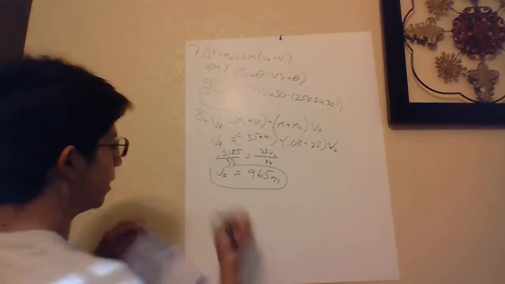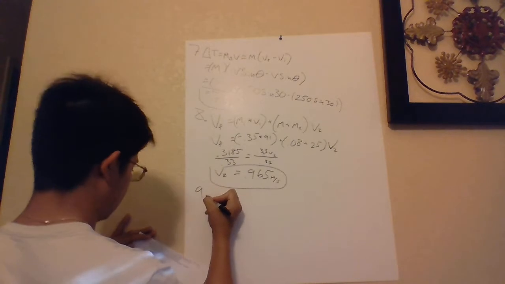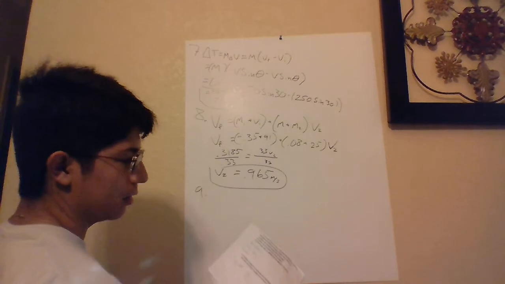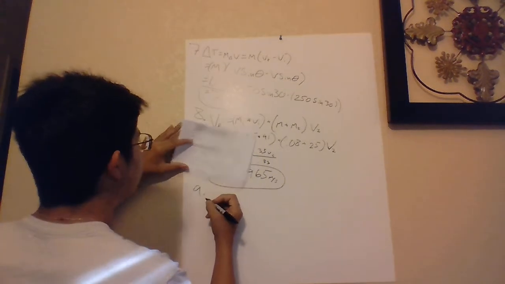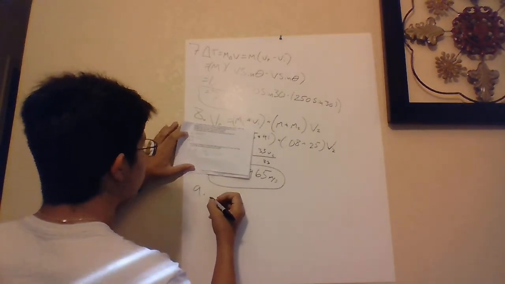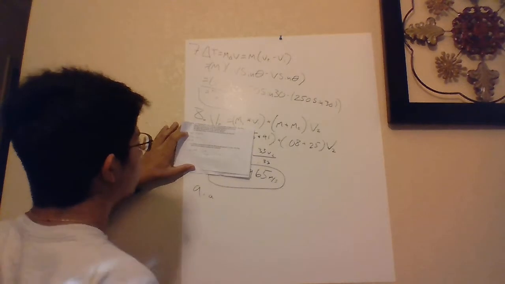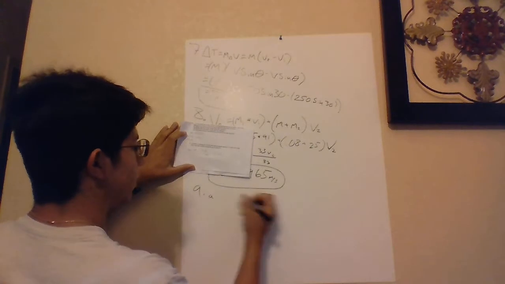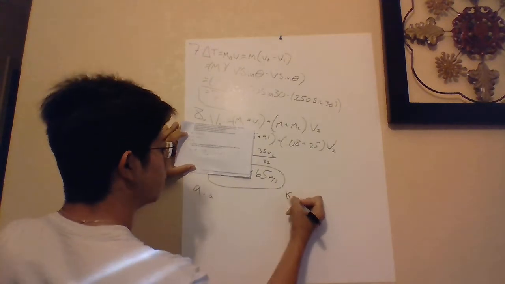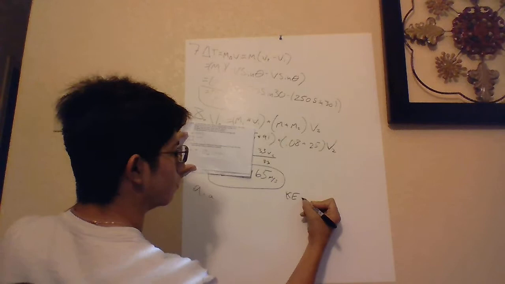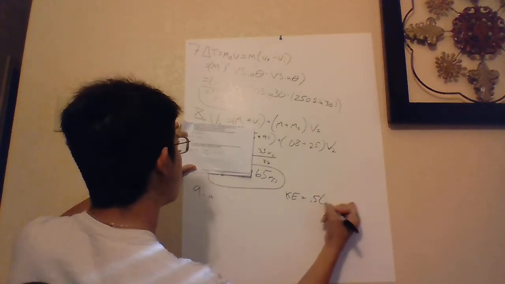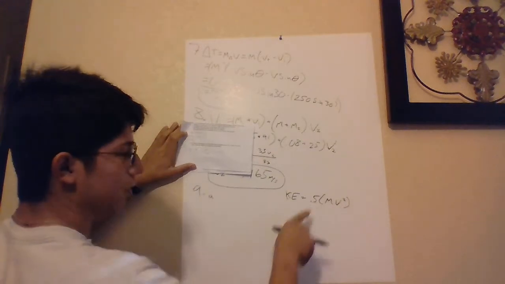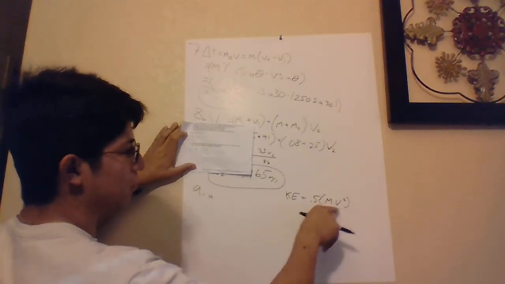So for number 9, it's the one with the metal balls at rest being hit by one another, basically finding the total kinetic energy. To find the total kinetic energy before the collision, all I did was use the kinetic energy formula, which I'll put right here. It is half of mass times velocity squared.